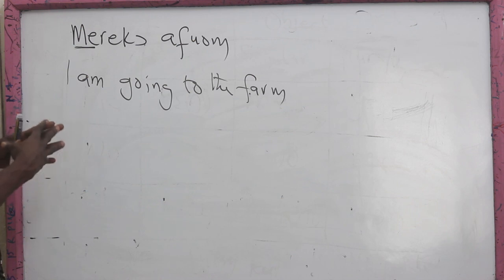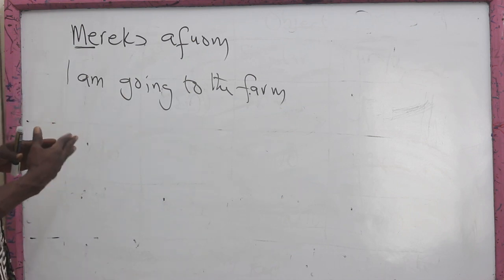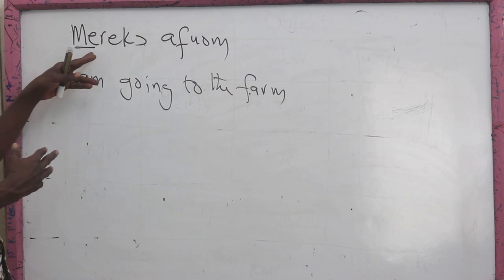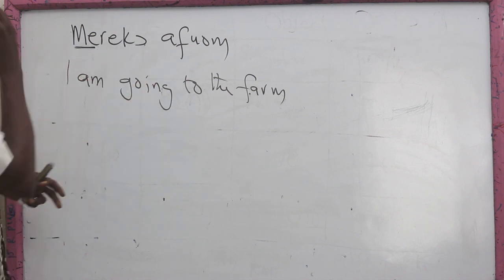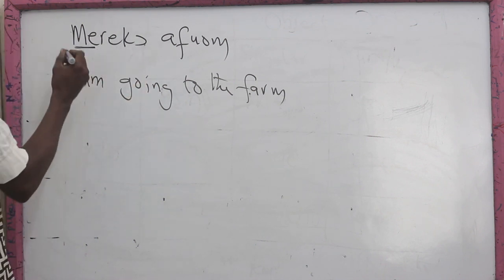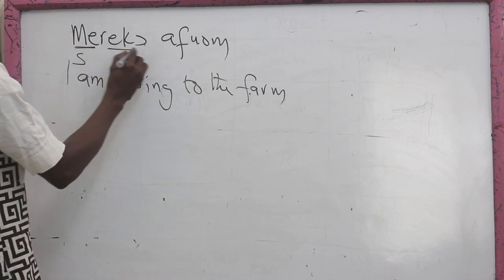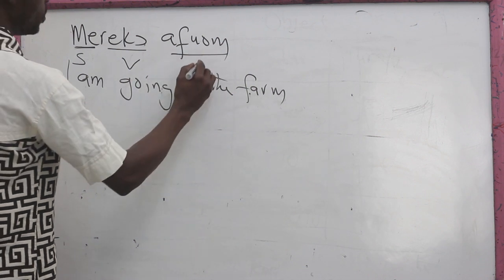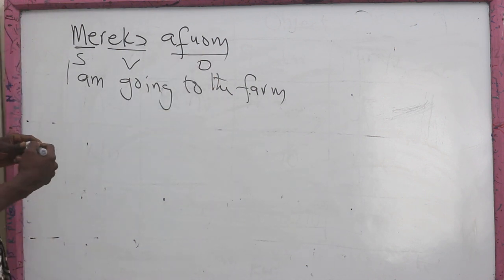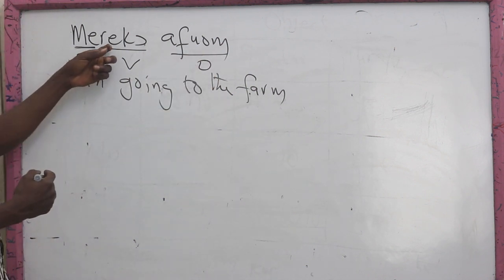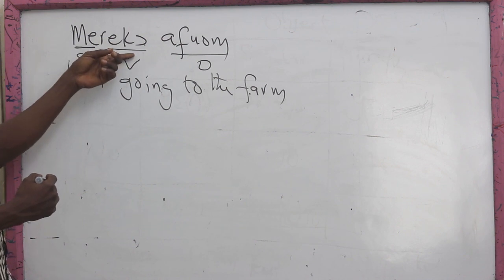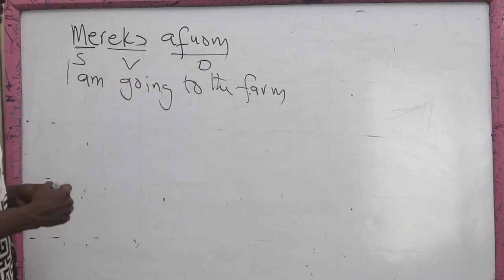But nouns and pronouns, we separate them. You should note that. So, meko efuom. This is the subject, this is the verb, and this is the object. Efuom is the object.